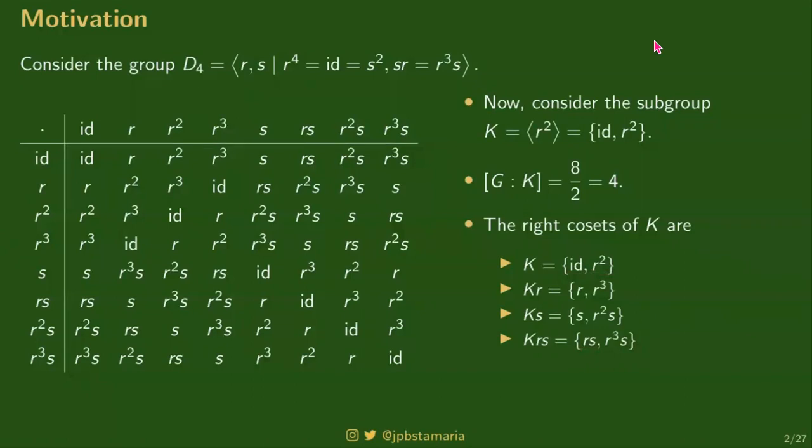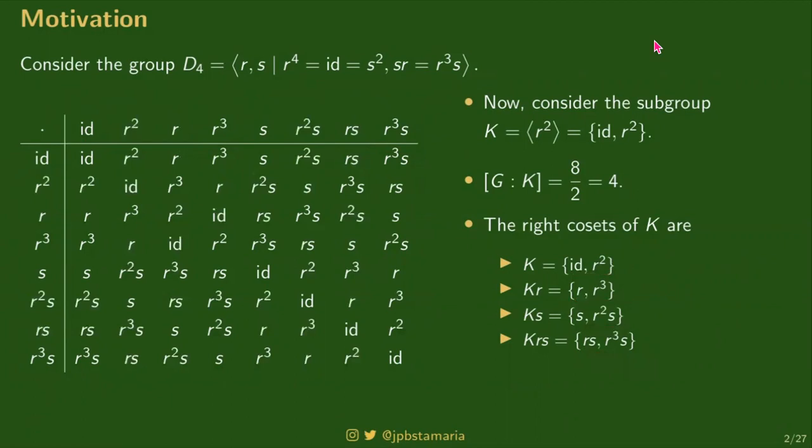Now, ito yung gagawin ko. Originally we write the table in this manner kasi this is basically according to the way we listed down the rotations and the mirror reflections. Kaya ganyan yung arrangement natin. Pero this time, tignan yung gagawin ko. I-rearrange ko yung mga elements in such a way na unang mag-a-appear yung elements ng K, and then second yung mga elements ng KR, third yung mga elements ng KS, and lastly yung mga elements ng KRS.